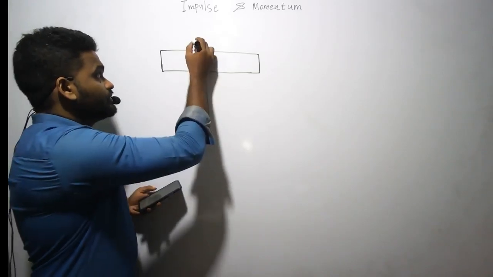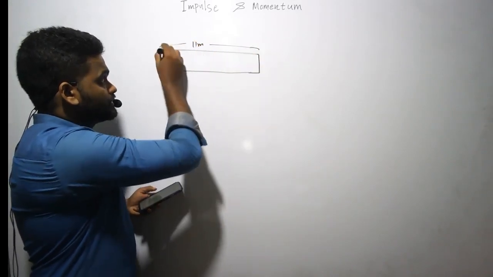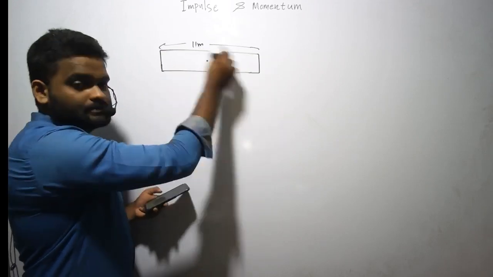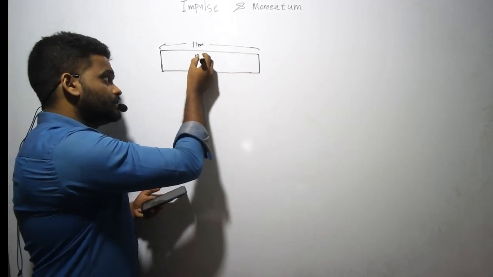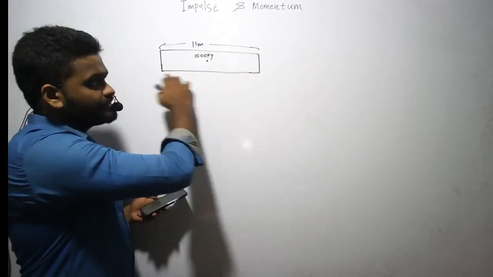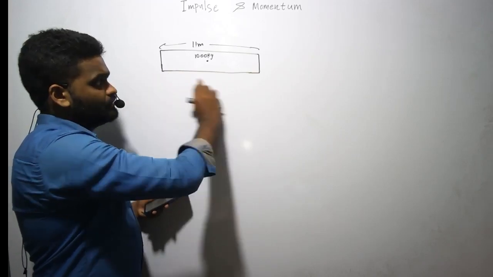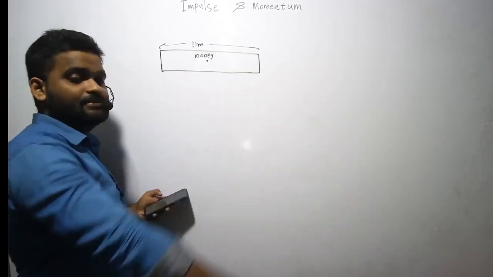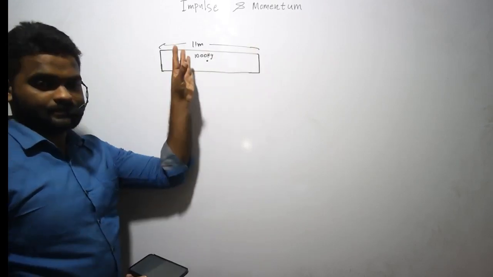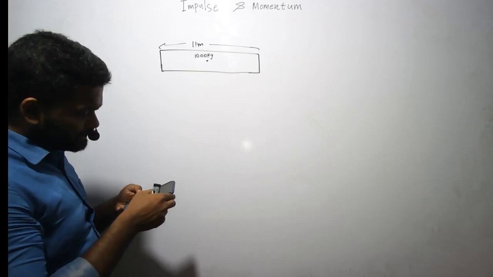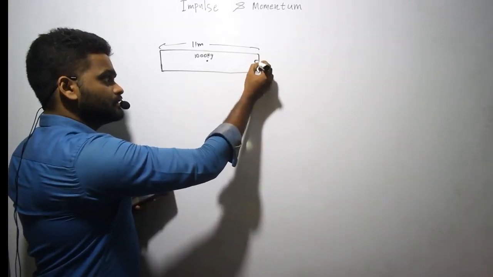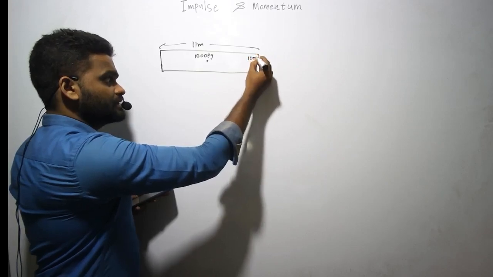So the length is given as 11 meters, and the mass of the train carriage is 1,000 kilograms, meaning it is 1 ton, on smooth rail tracks, meaning there's no friction acting on this one. So there's no horizontal force acting on this system, right? Then there's a man weighing 100 kilograms at one end. The mass of the man is 100 kilograms.